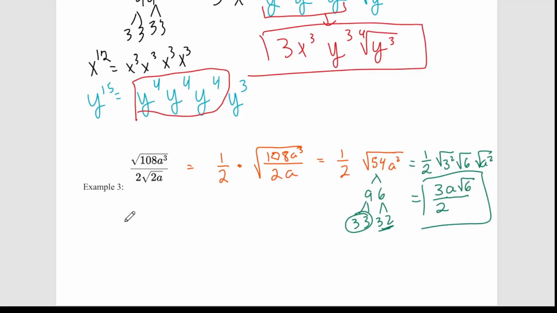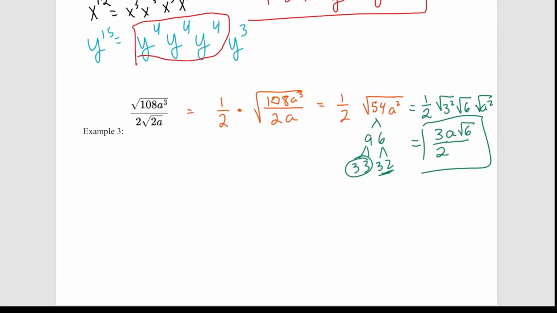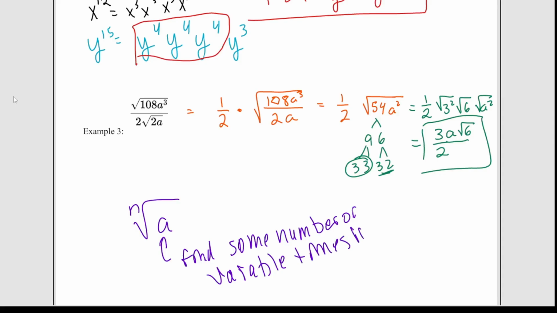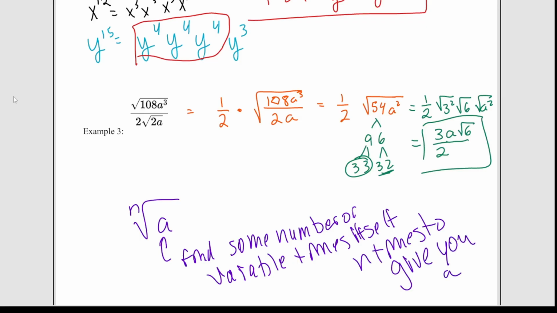So just to recap, what you want to do is, for whatever nth root, take whatever number is in there and find some number or variable times itself n times to give you that number or variable.